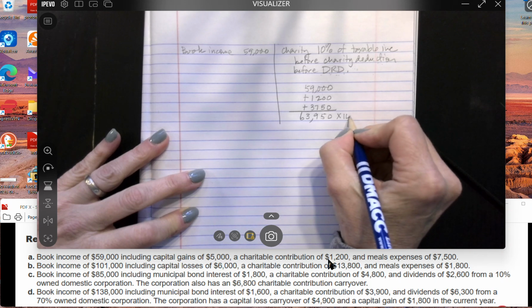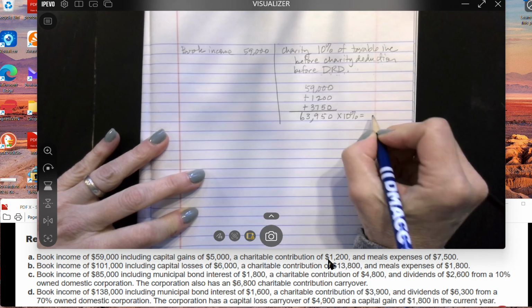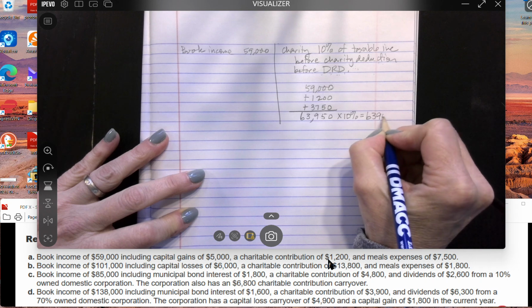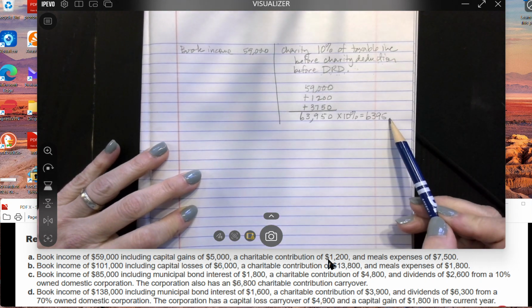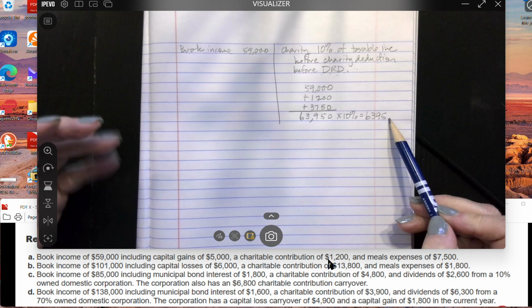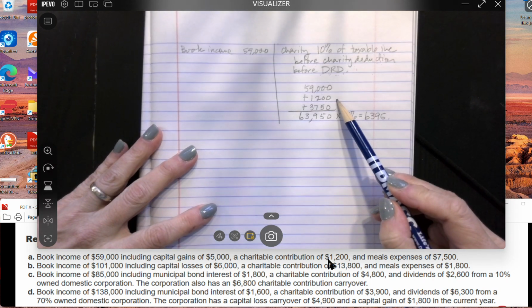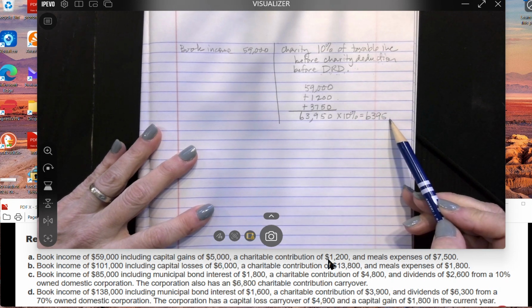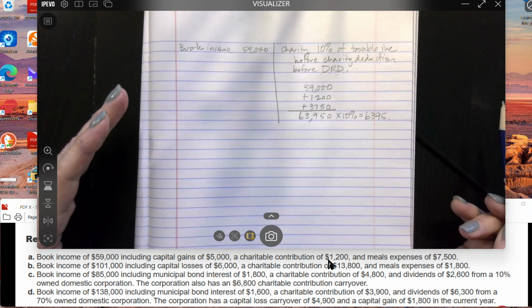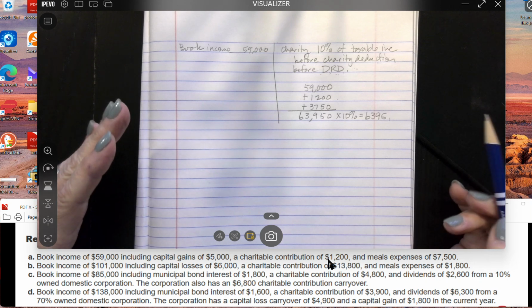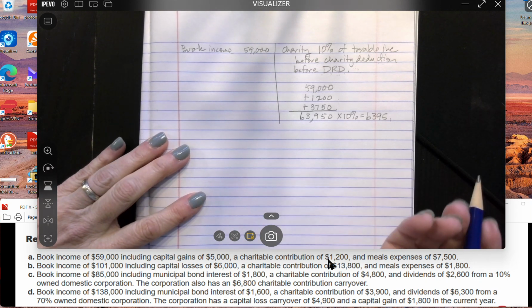Then we can multiply that by 10%. That gets us $6,395. Now, $6,395 is our limit for how much charitable contribution we can take. Well, we only took $1,200, so we're well below that limit. So the charity deduction doesn't even have to be an adjusting item in this particular example.